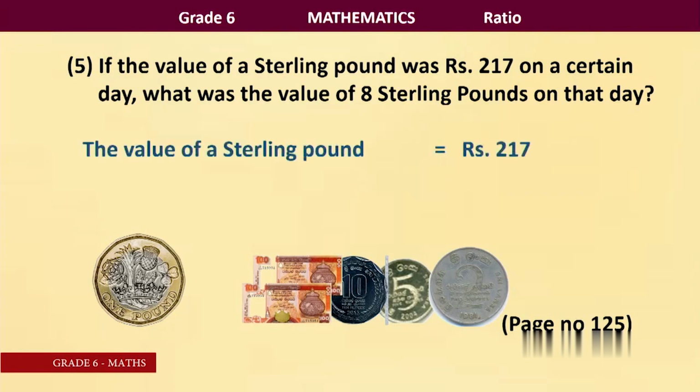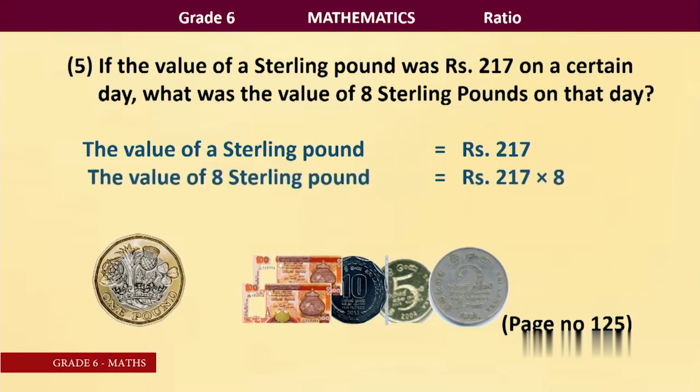How can you apply it? It is the given information. The value of a sterling pound is 217 rupees. Then let's find the value of 8 sterling pounds. Multiplication, 217 multiplied by 8. Then the answer is 1736 rupees.